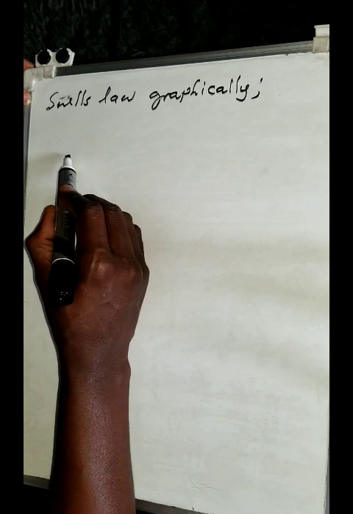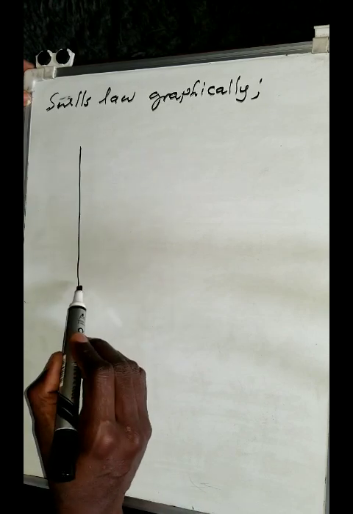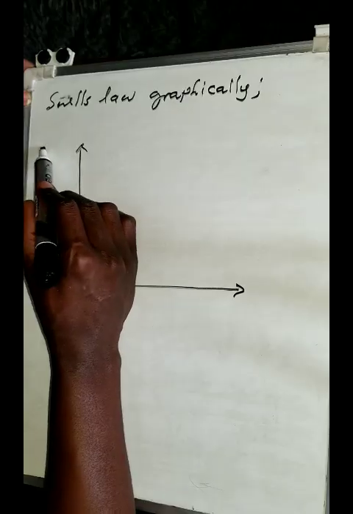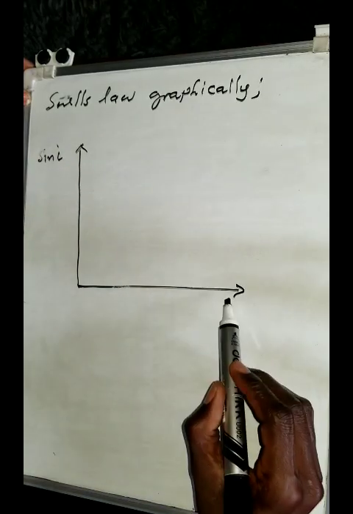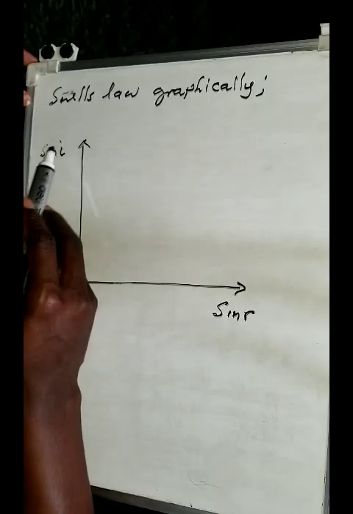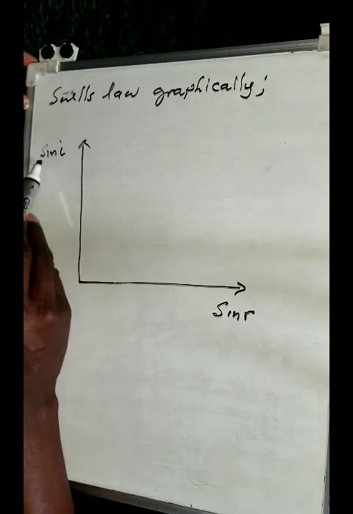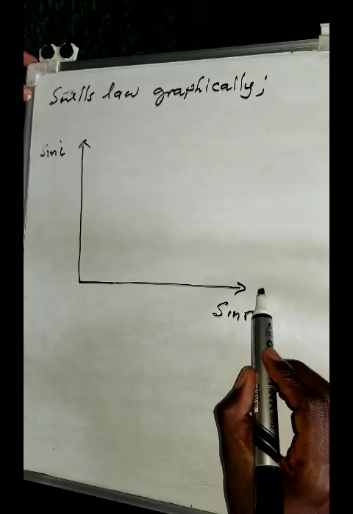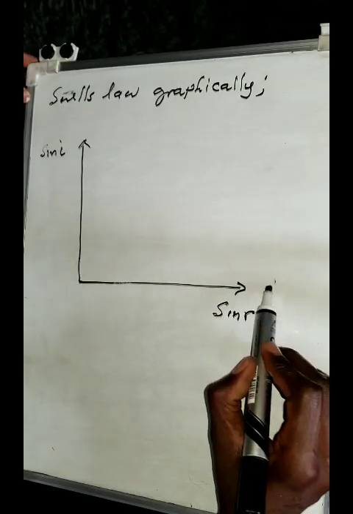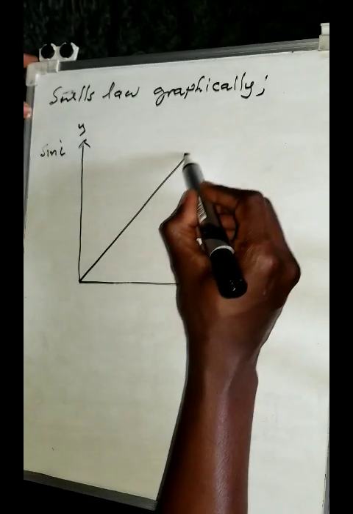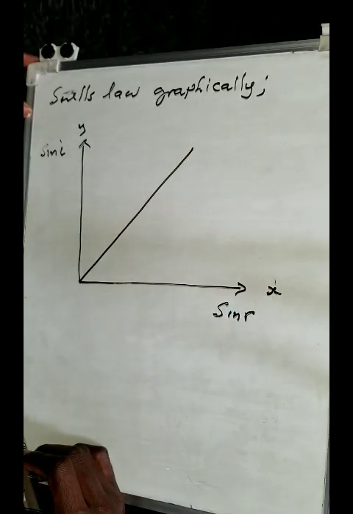Well, it simply means that you are going to plot a graph of sine of the angle of incidence and the values of sine of the angle of refraction. Now when you plot a graph of sine of the angle of incidence and sine of the angle of refraction, with this on the x-axis and this on the y-axis, you are going to have a straight line of best fit.